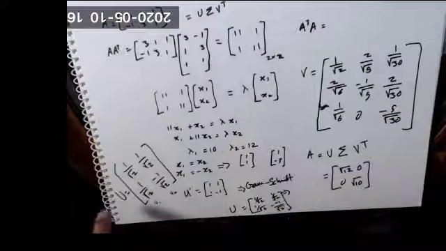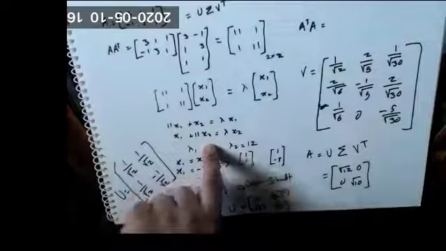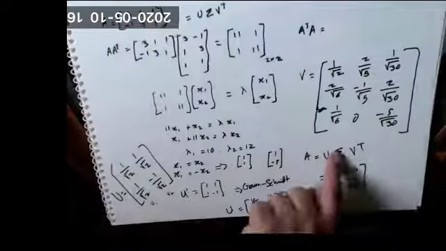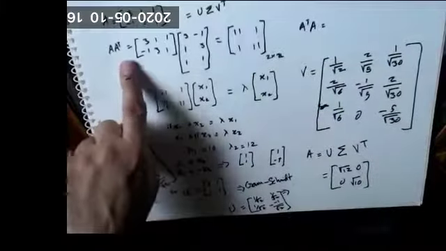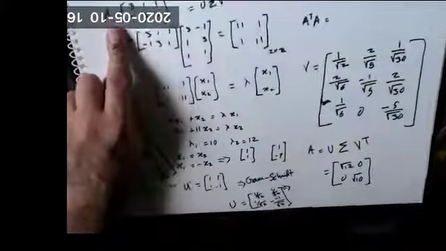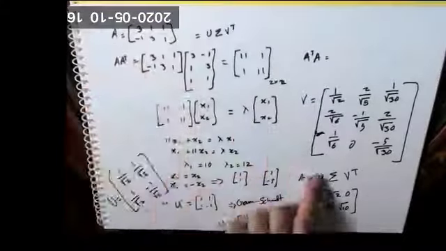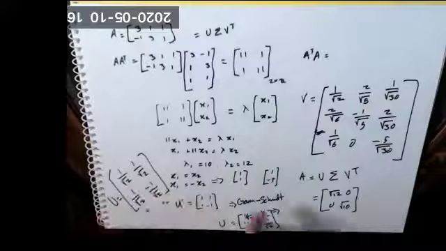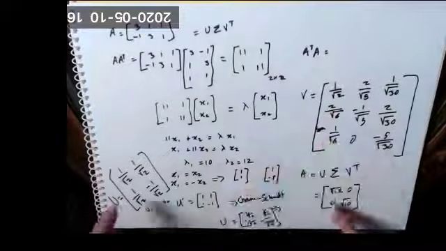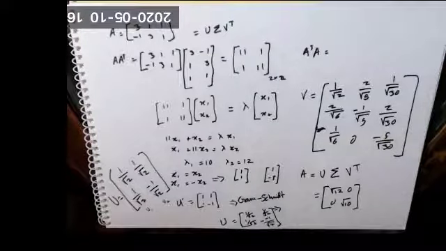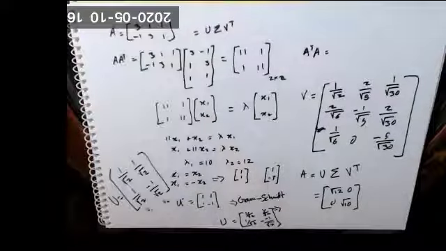So once you have calculated the lambdas, you can calculate the sigmas, and you can calculate the U and V, and that's how you can decompose the original matrix A into its three components, U, sigma, and V. If you multiply them all together, you will get back this original matrix.